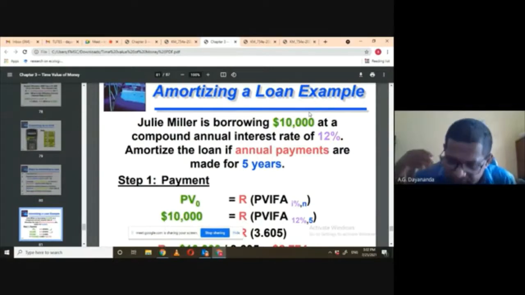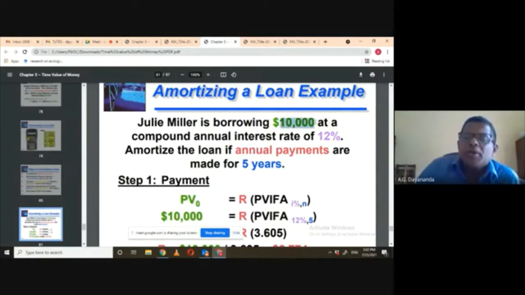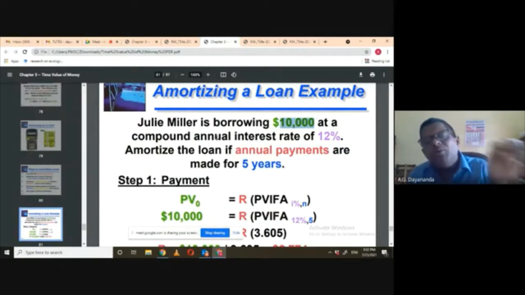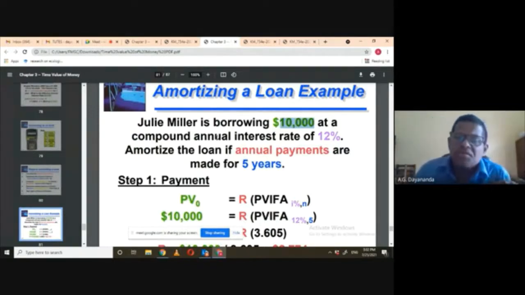What we are discussing here is how, theoretically, we calculate the loan amortization or loan installment, although in your computer you can do it directly. Suppose you are borrowing 10,000 in this example, compounding annually. Annual compounding means you pay interest only one time per year, at 12%.